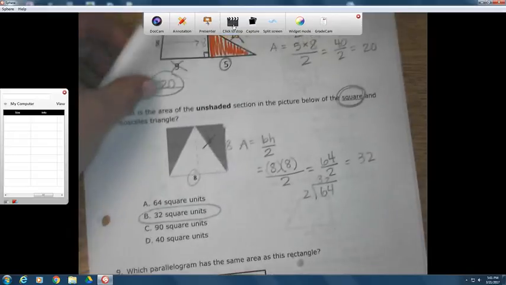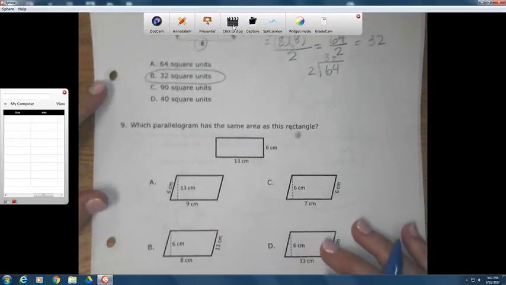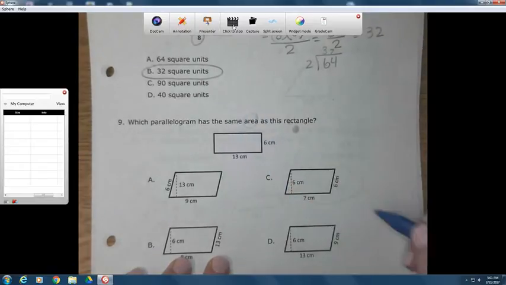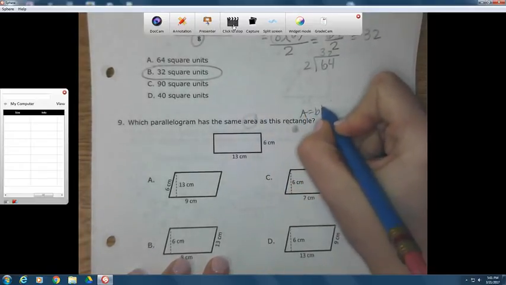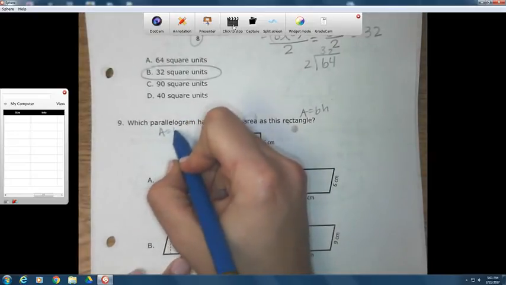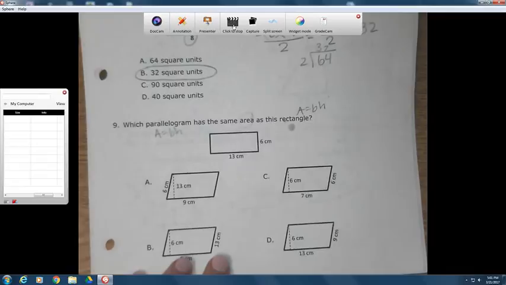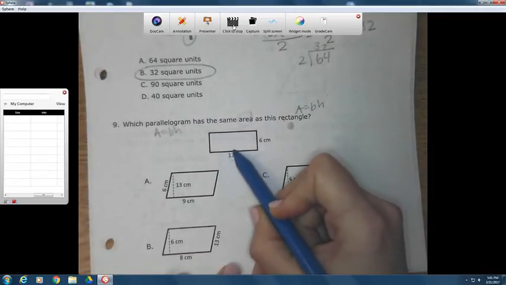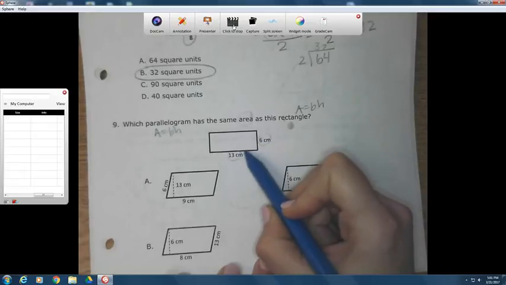Okay, which parallelogram has the same area as this rectangle? So we're talking area. Area of a rectangle equals base times height. Area of a parallelogram equals base times height. It's the same formula. So here I'm multiplying base times the height, 13 times 6.